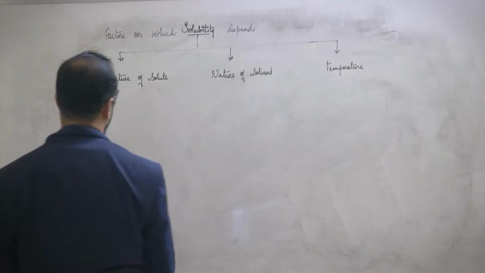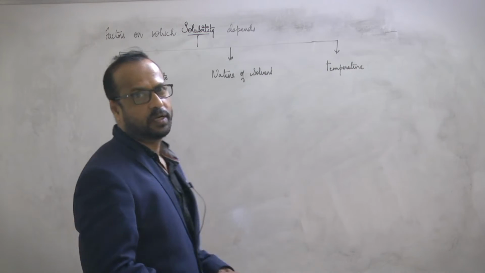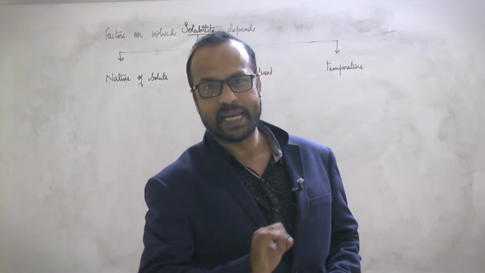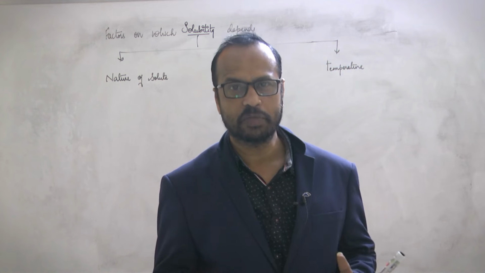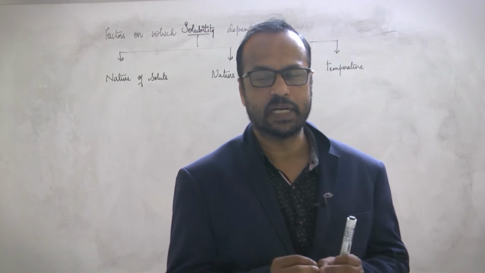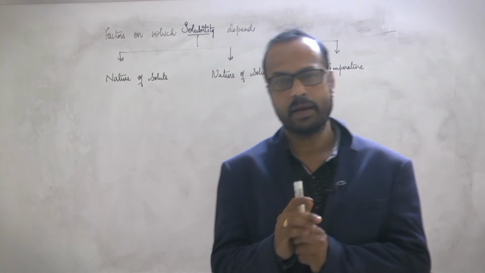Now, how does the nature of the solute matter? You know that a solute is the component which is relatively less in quantity, and a solvent is the component which is relatively more in quantity in a solution, right?